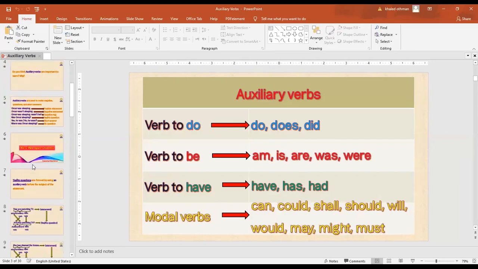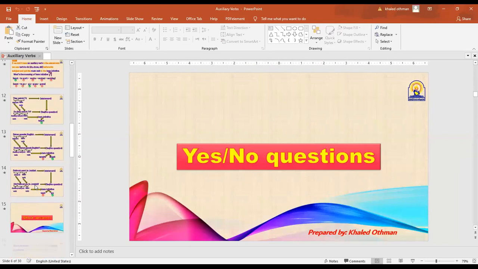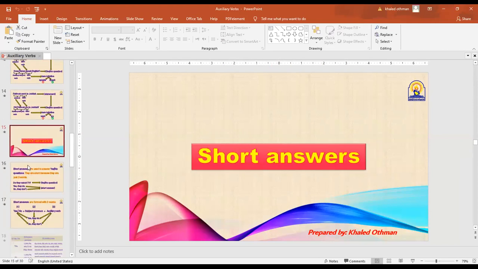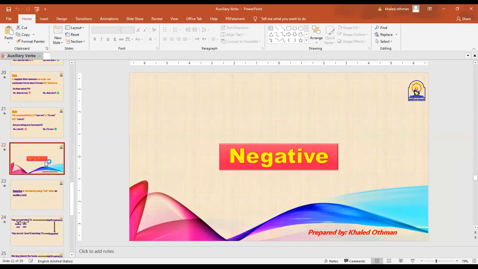I taught you how to make yes and no questions and how to give short answers using yes or no, because we need auxiliary verbs to make questions, to give short answers, and to make negatives.